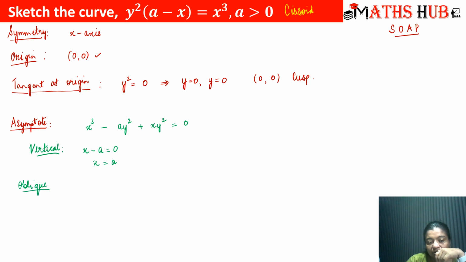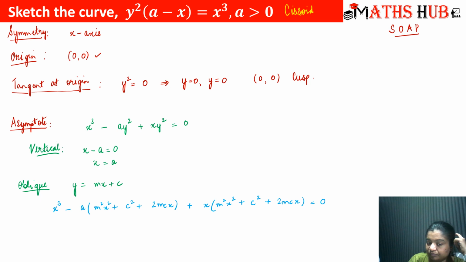So let us put y is equal to mx plus c. When we put y is equal to mx plus c, we will get x cube minus a into m square x square plus c square plus 2mcx, plus x into m square x square plus c square plus 2mcx is equal to 0, right?